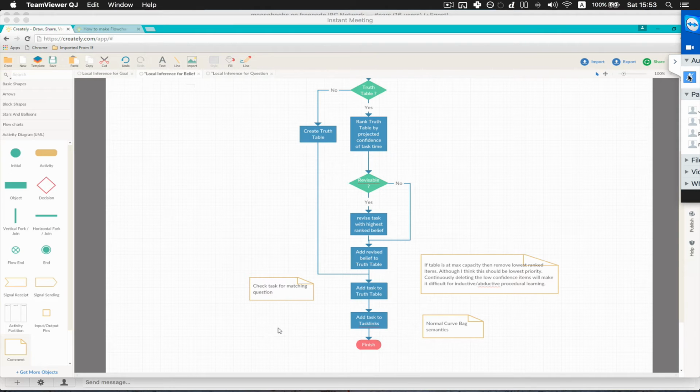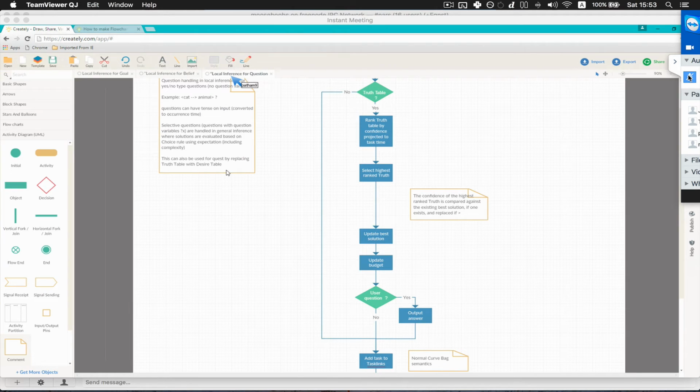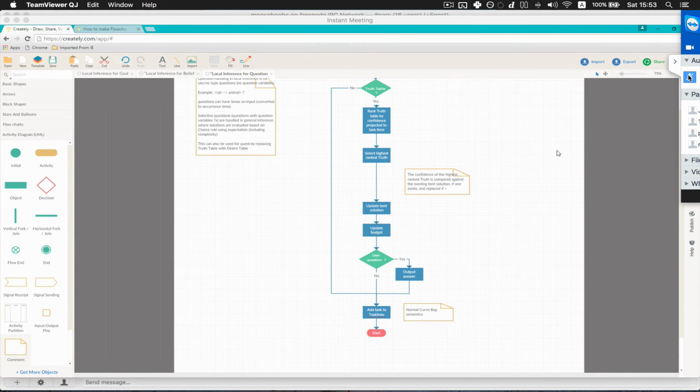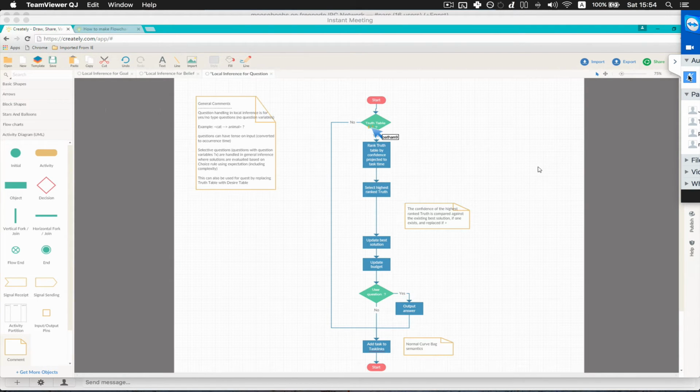Here, if we go back to this one, because if it's a question with a question variable, it will always have an empty truth table. So it will always go down this way. Oh, okay.